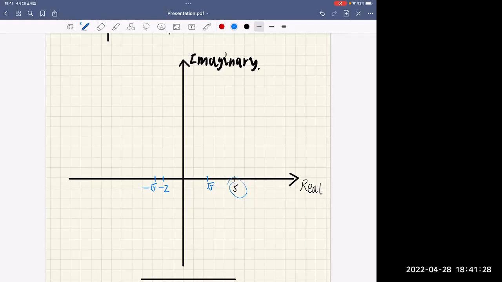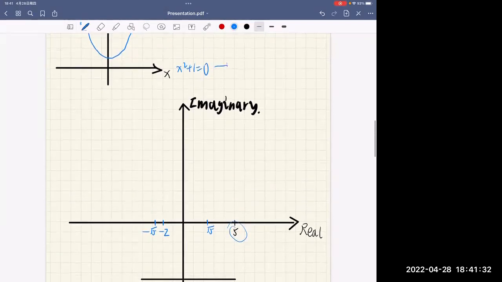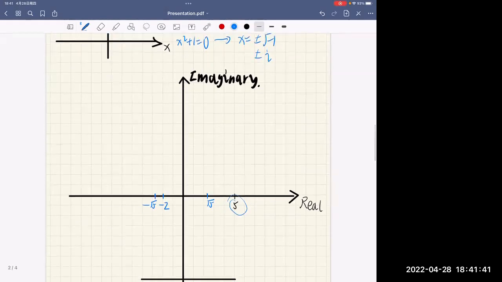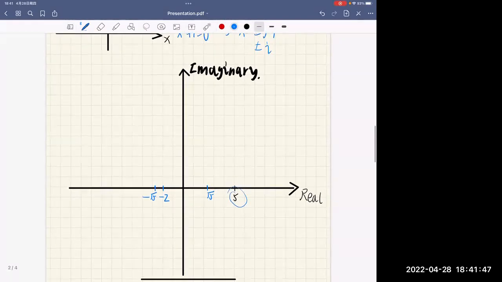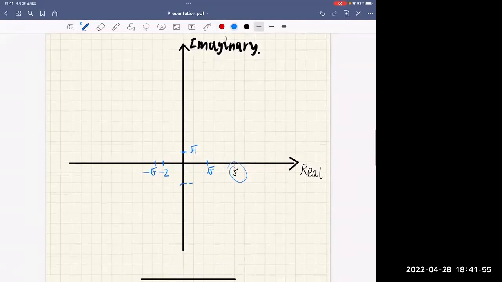So we have the solutions for this one. The solutions are x equals plus and minus the square root of -1, or plus and minus i, right? So now we can include our complex number solutions onto this graph.